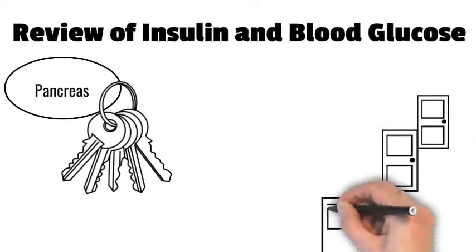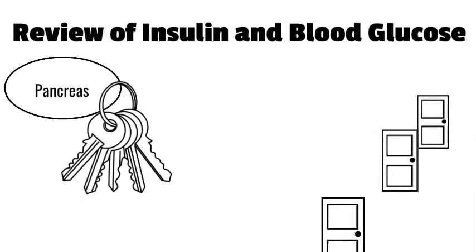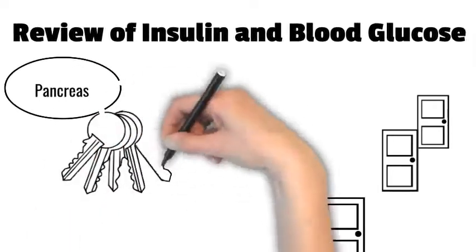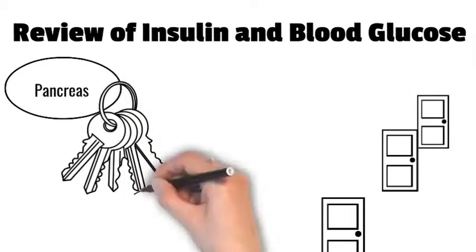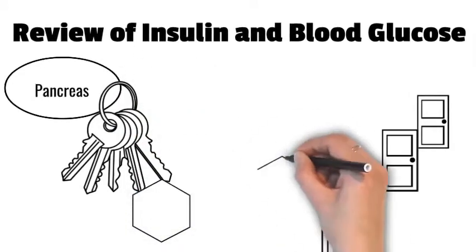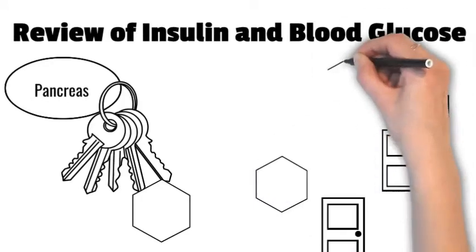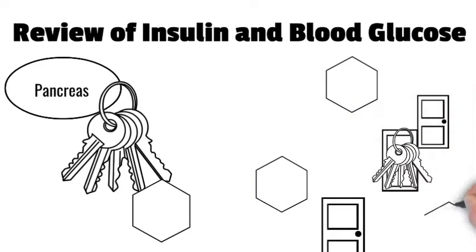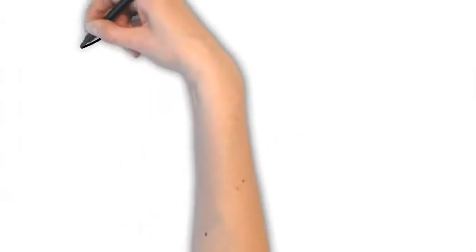And these little doors need to be opened by a key called insulin. So insulin gets sent through the blood to the cells, to these doors, so that this sugar that's floating around in the blood can go in open doors into the cell where it gets utilized properly.